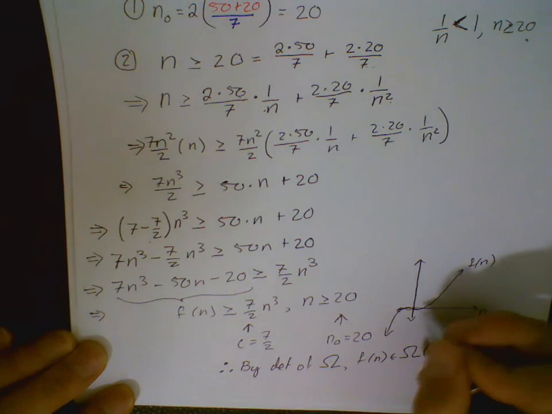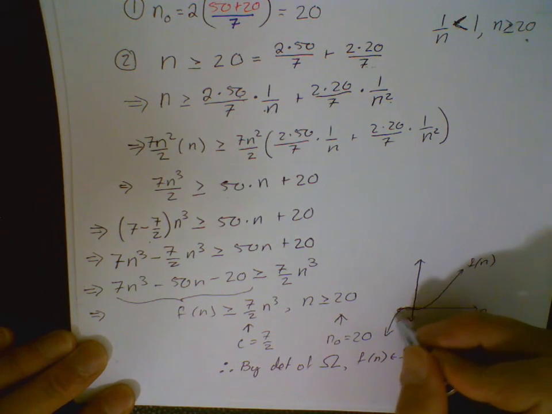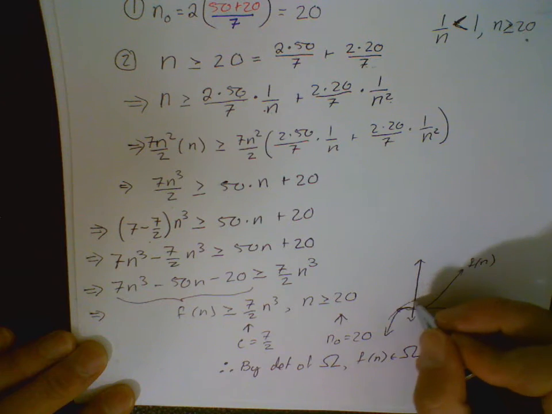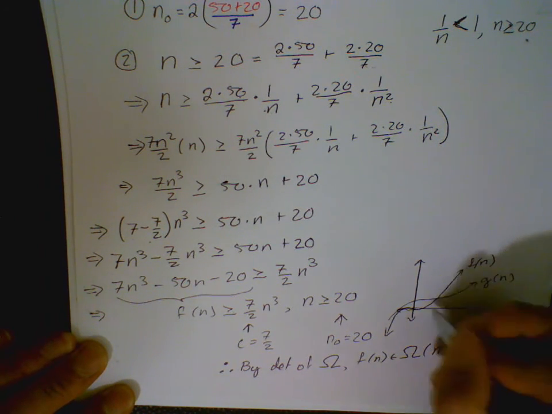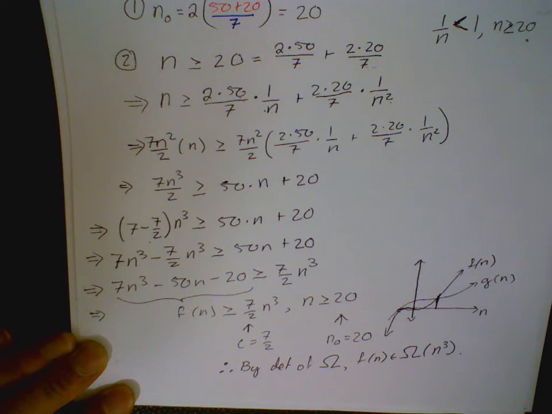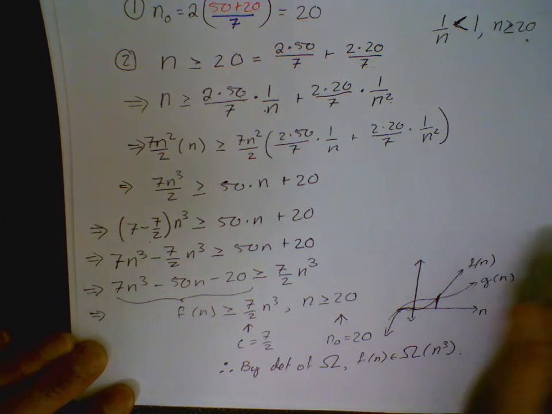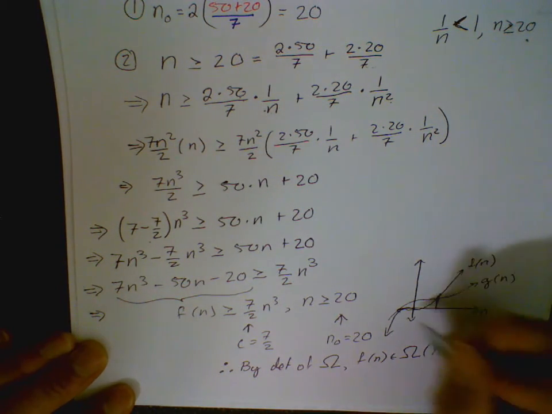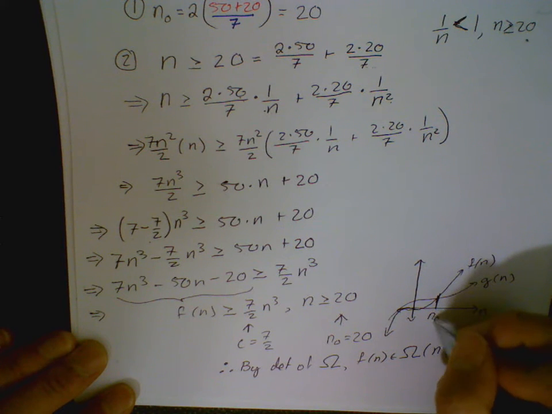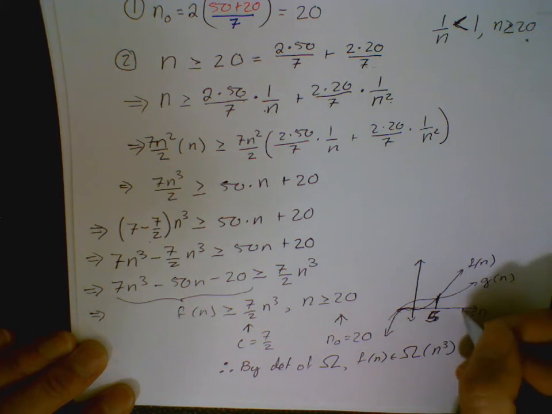And g of n is looking something like a slower growing cubic. And where the two curves cross and f of n becomes larger than g of n is actually, I think it's around 5, but it's much smaller. But this n naught here, this value right here is like about 5, and we chose 20.